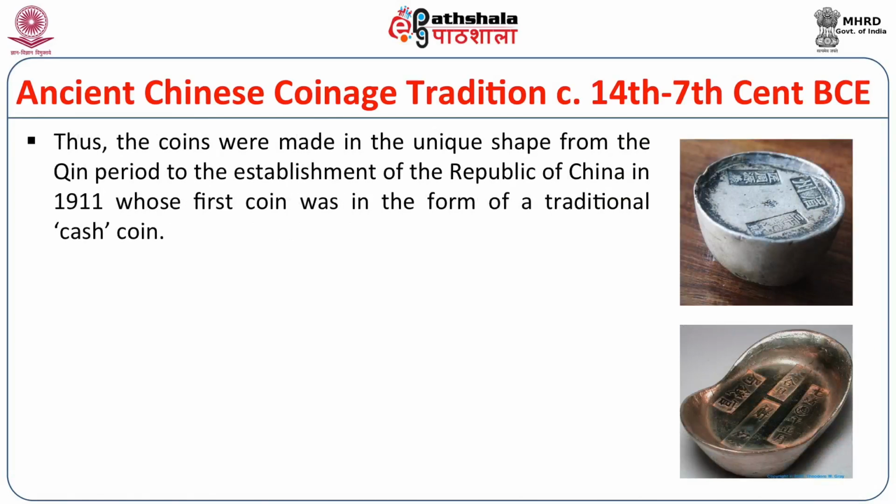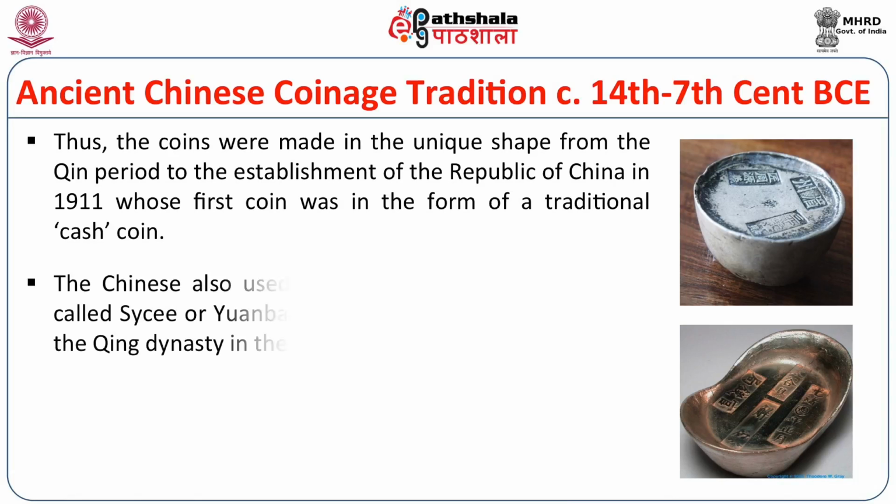Even at a later period, you see this 20th century image which shows a large number of coins being strung together. And these coins were used from 250 BC up till the period of the Republic of China in 1911. The first coin issued by the Republic of China was a traditional cash coin.